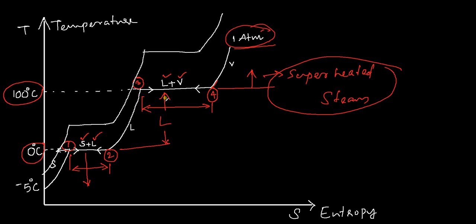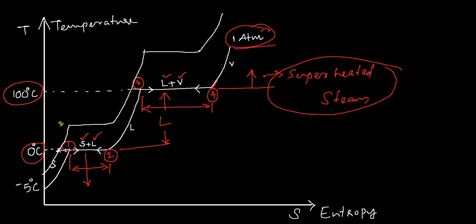So you can form as many graphs as you want at different pressure conditions, but this will be the general form of the phase change process of H2O at a specific pressure and different temperatures.